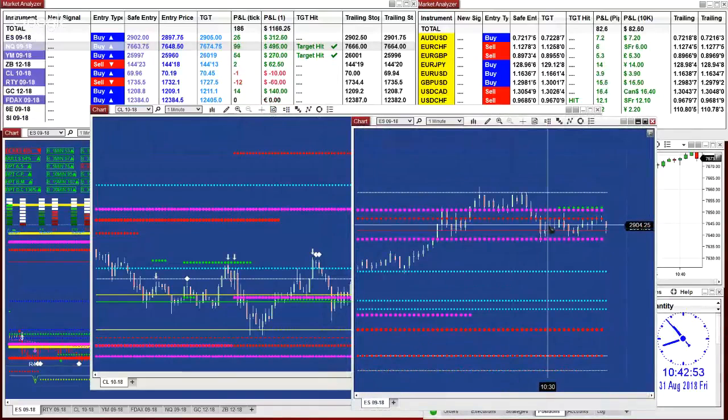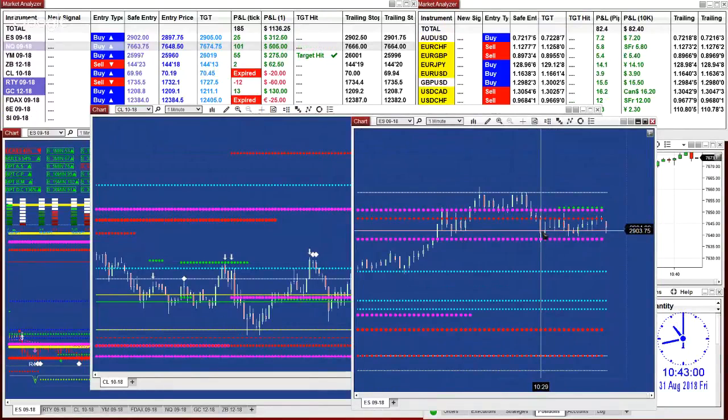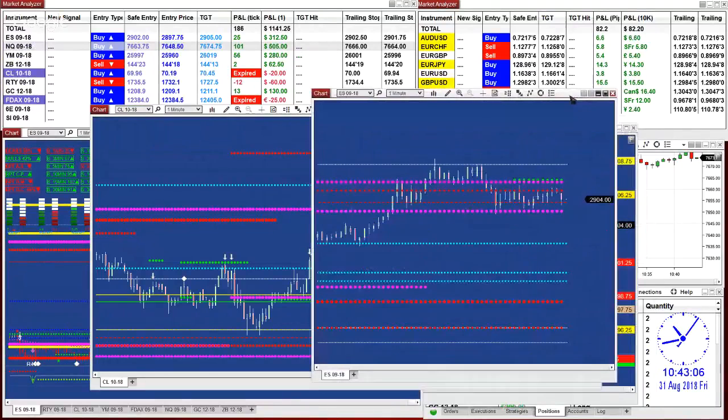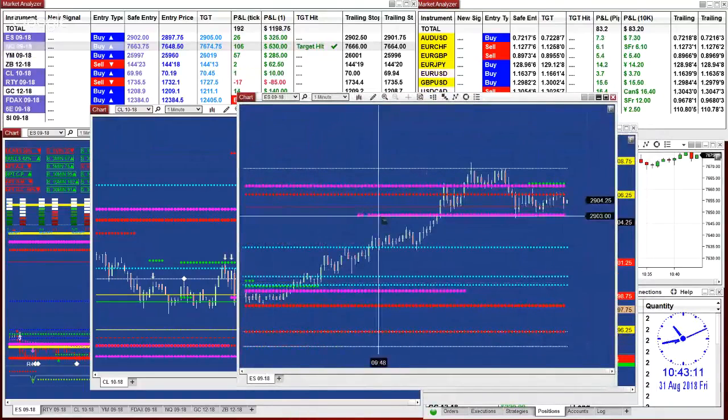If you notice, gentlemen, we've been in the same turnaround, and now it is 10:43. And if we look at the ES, now it's 10:43.